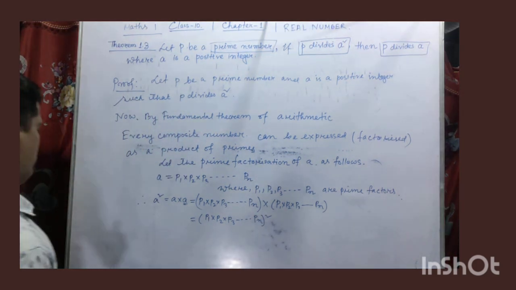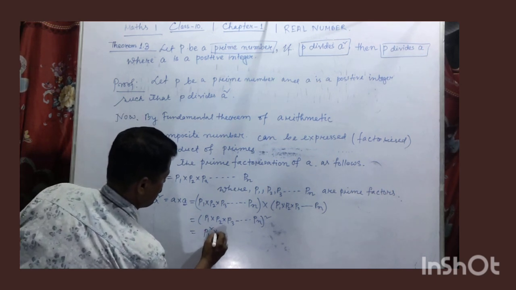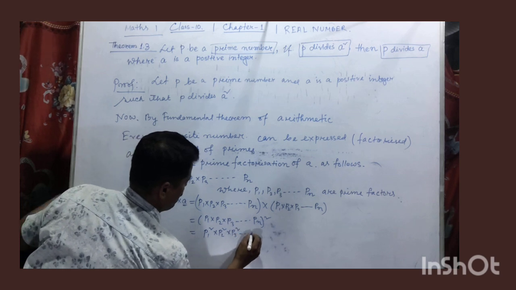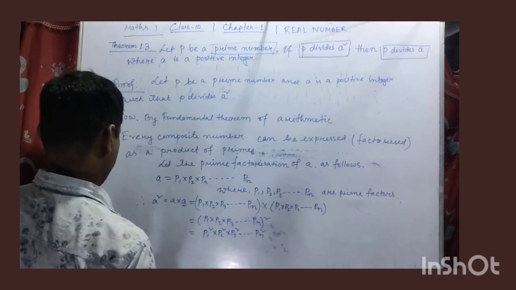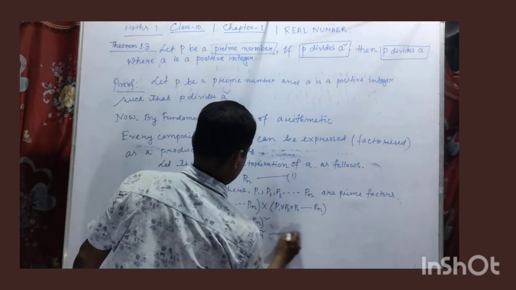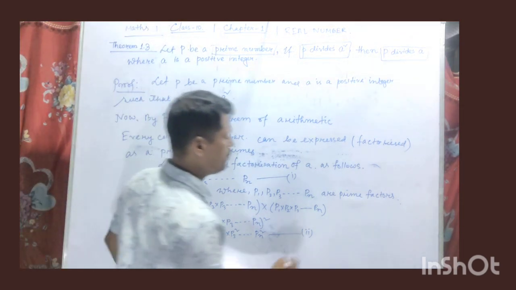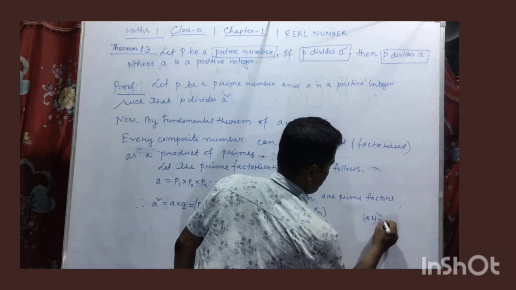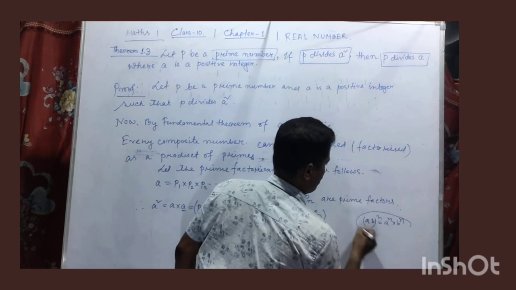If we write this, then we can also write it as P1 square into P2 square into P3 square dot dot dot Pn square. Let this be number 1 and the earlier one number 2. We know that if ab whole to the power n, then we can write a to the power n into b to the power n also.